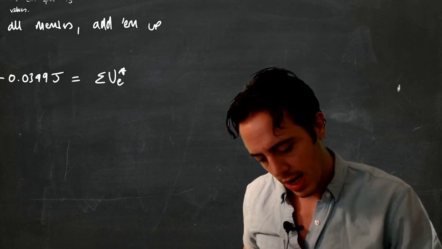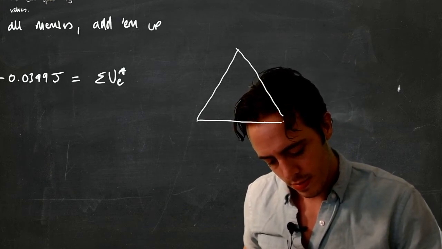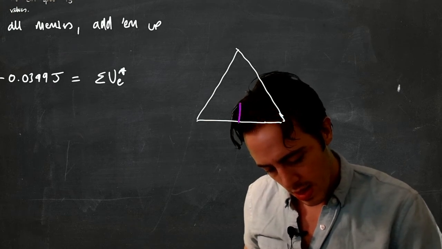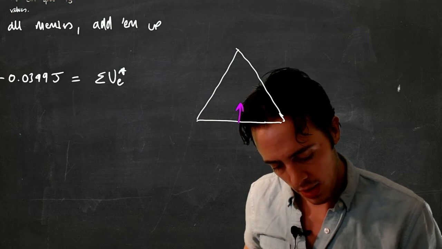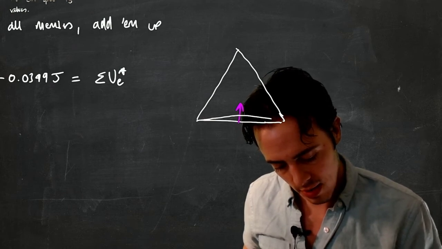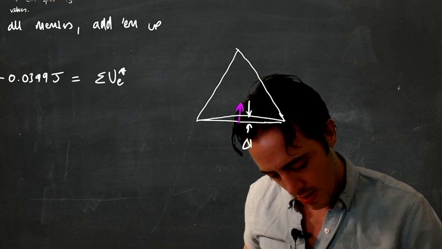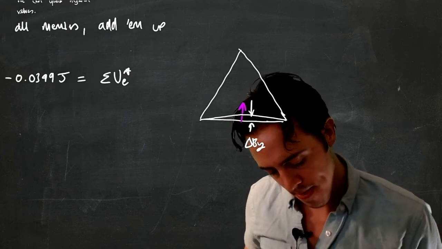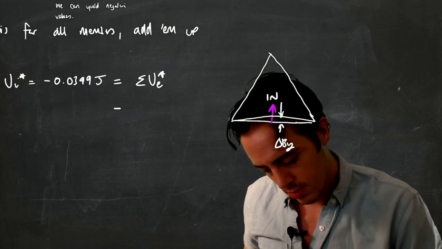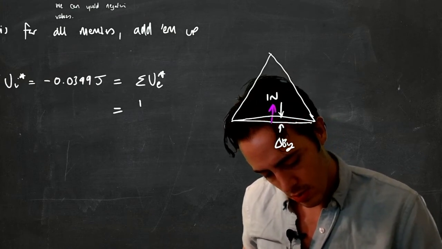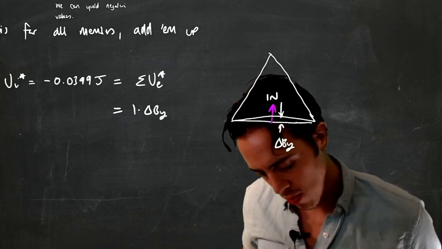So the external virtual energy for this structure would be this force here multiplied by whatever the displacement is in this direction. So that would be delta By. And since our force was 1 Newton, this is equal to 1 multiplied by delta By.